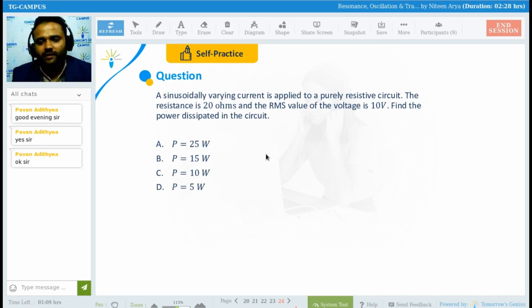A sinusoidal varying current is applied to a purely resistive circuit. The resistance is this, and the RMS value of voltage is this. Find the power dissipated in the circuit. Very easy. I don't think I can give you an easier question than this.